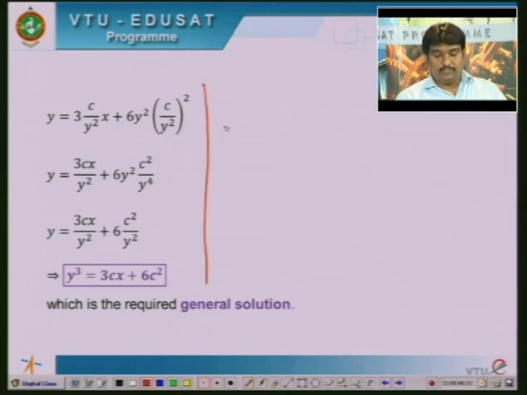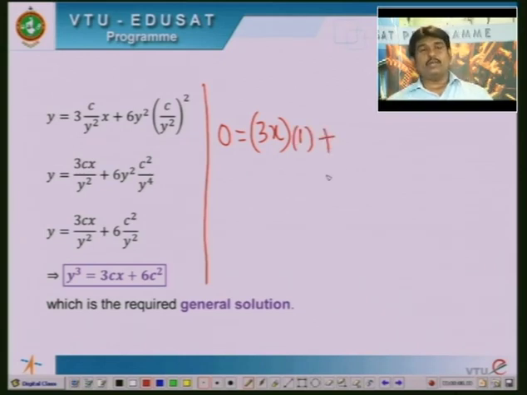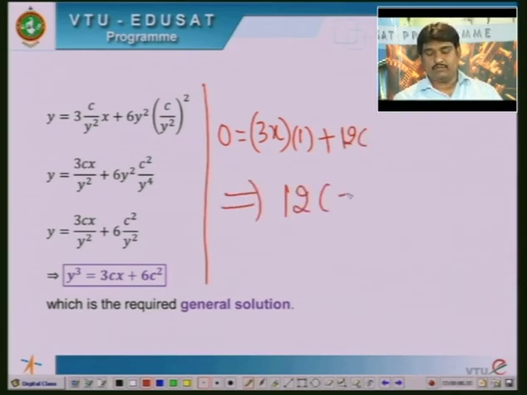The derivative of y cube is 0, that equals the derivative of 3cx, which is 3x, constant into derivative of c is 1, plus the derivative of 6c square, which is 12c. This implies 12c equals minus 3x.